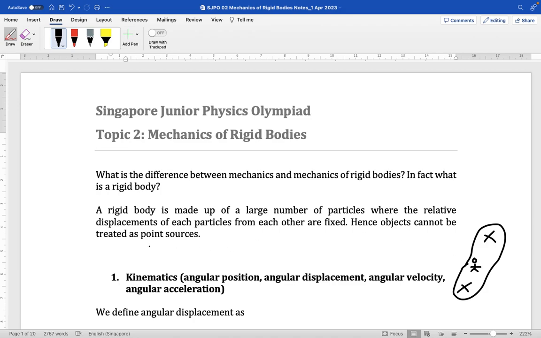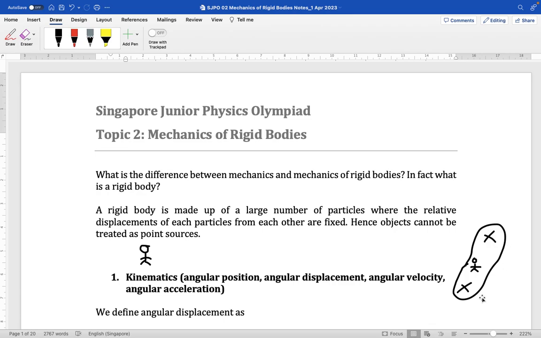However, if you are a person standing very far away, because of the distance of the person to this object, it will still be treated as a point source.